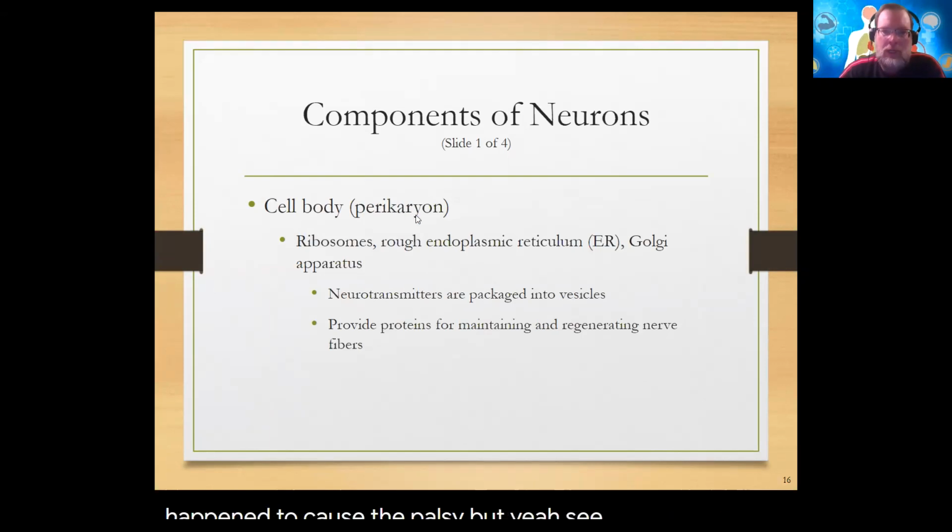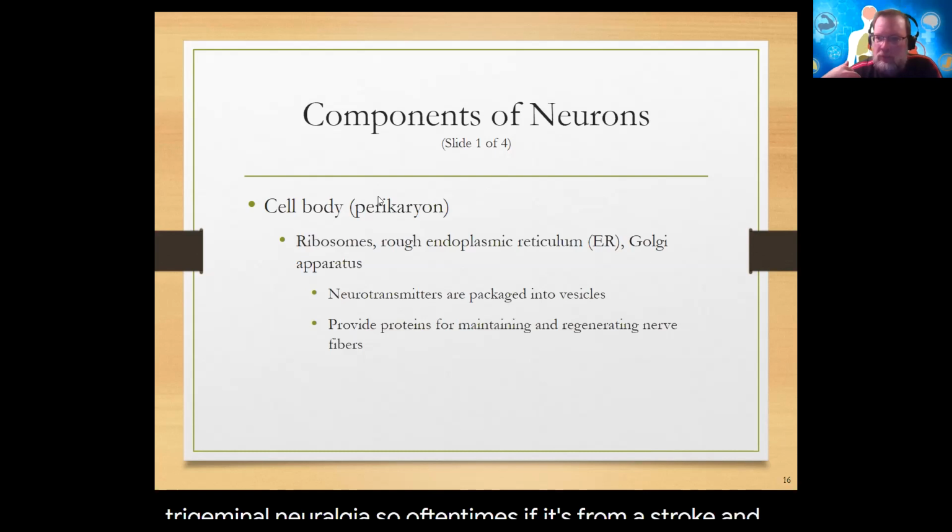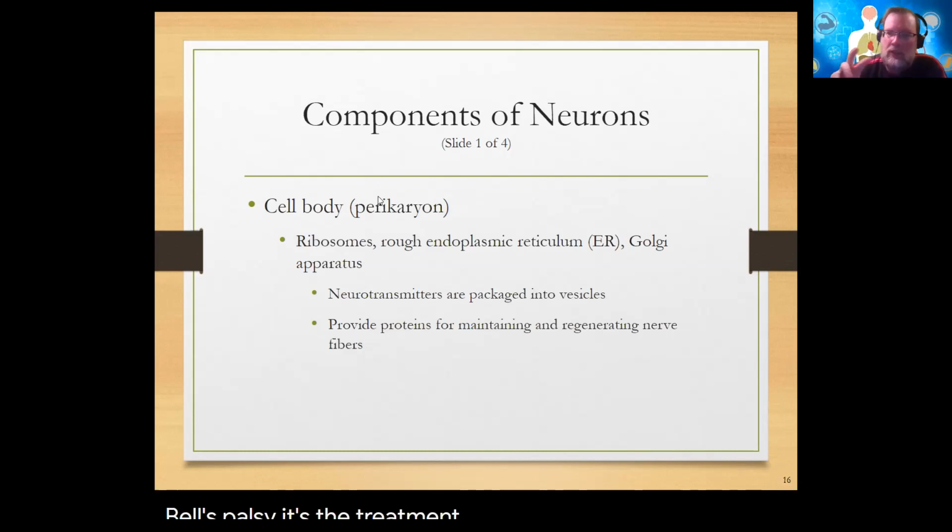But yeah, similar space and area. Stroke patients, right? Sometimes, depending on the location of the stroke, will have that Bell's palsy, or what appears to be like a trigeminal neuralgia. So oftentimes, if it's from a stroke and Bell's palsy, the treatment, the prognosis maybe isn't as good over time.